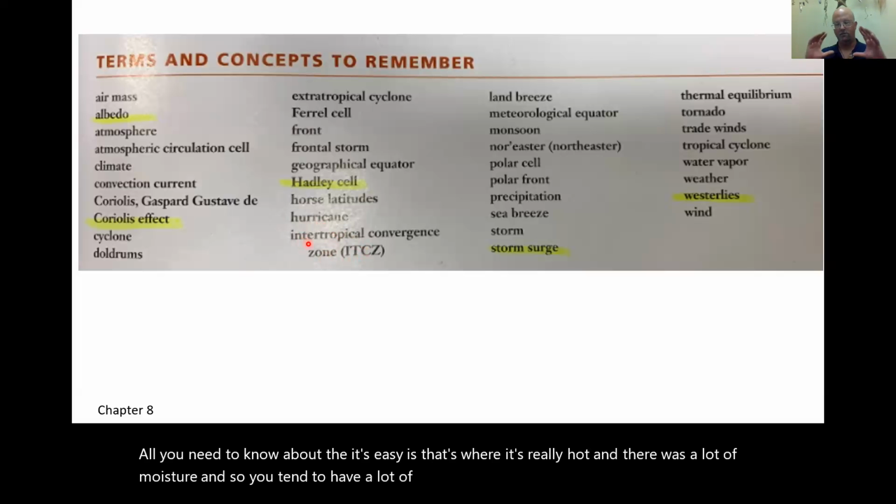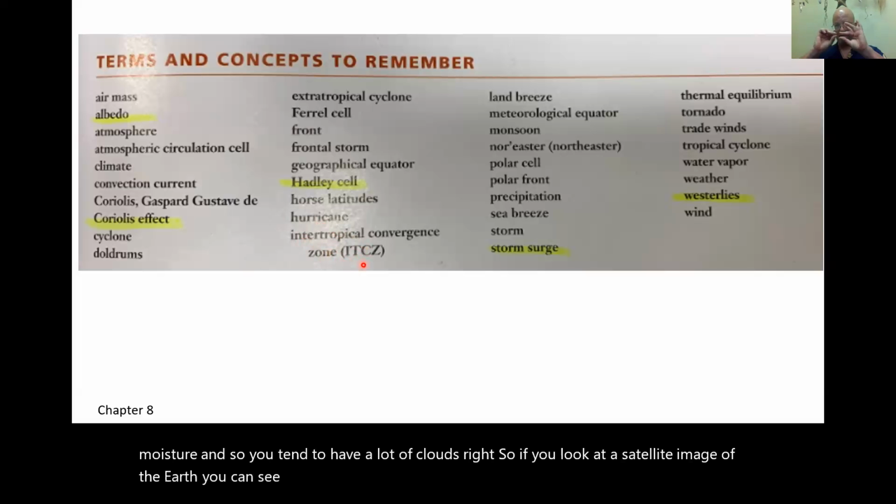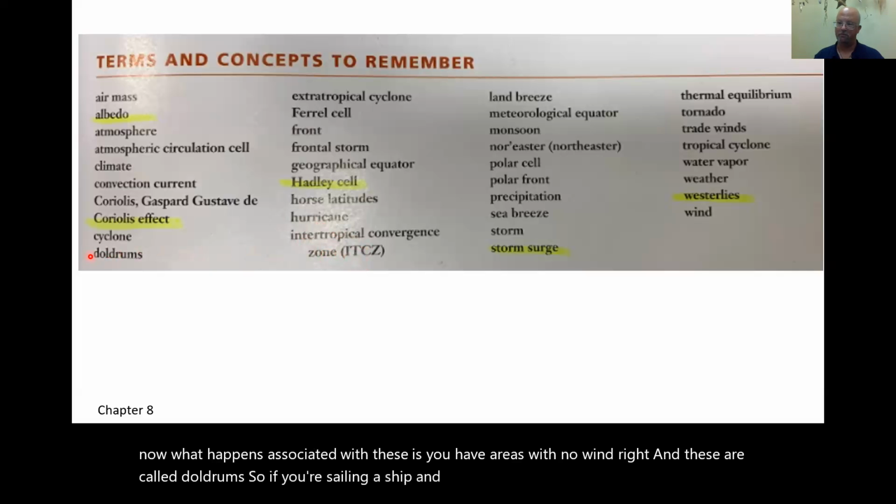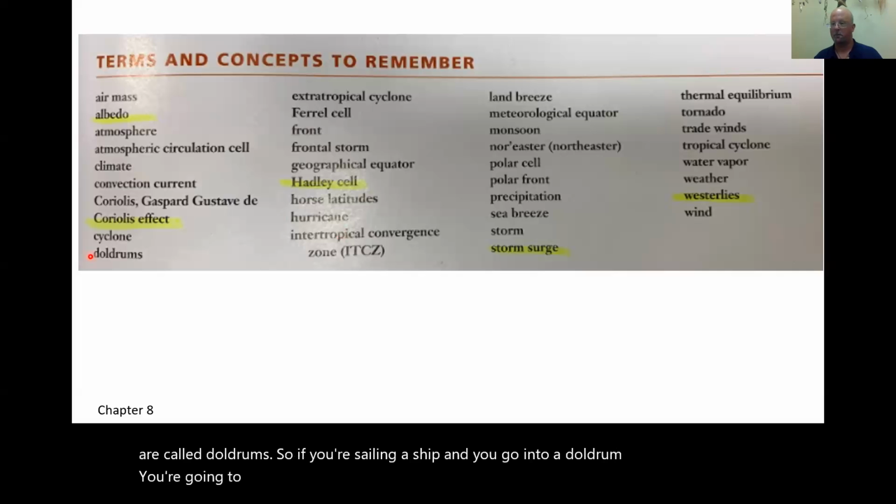If you look at a satellite image of the earth, you can see the ITCZ because you have very distinct bands of clouds. Associated with these are areas with no wind, and these are called doldrums. So if you're sailing a ship and you go into a doldrum, you're going to sit there for a while because there's no wind.